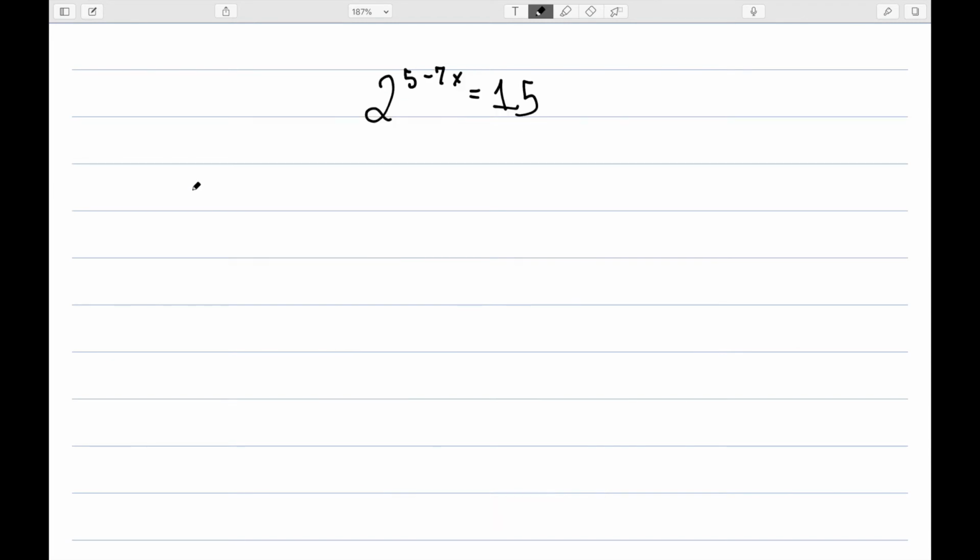Here I have 2 to the 5 minus 7x equal to 15. Once again, I already have the exponential by itself, so I get to move to my second step. Take either log or ln of both sides. Since I did ln in the last example, I'll do log this time. It really doesn't matter which one we do. So I have log of 2 to the 5 minus 7x equal to log of 15.